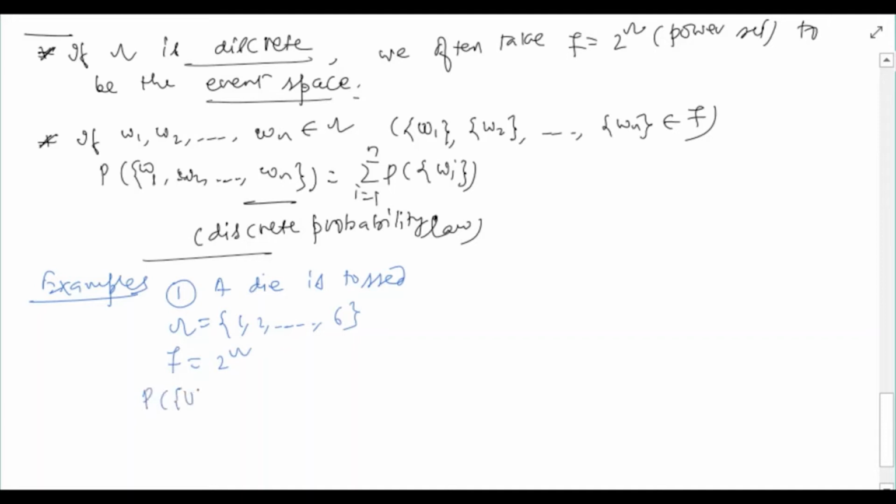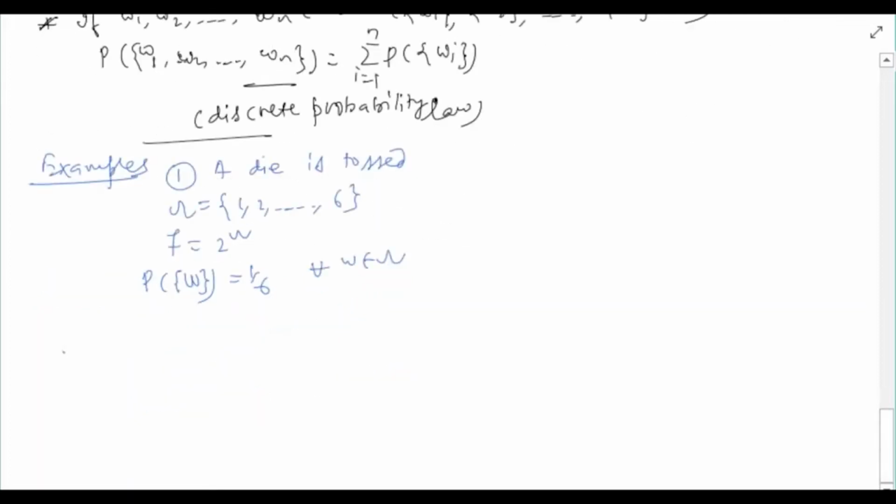Probability of the singleton sets P of omega will be 1 by 6 for all omega in omega, that is probability of outcome being 1, being 2, being 3, etc. All these probabilities will be 1 by 6. On the other hand, if you are interested in probability of say {2, 4, 6}, then following discrete probability law, it will be 3 into 1 by 6, which is half.